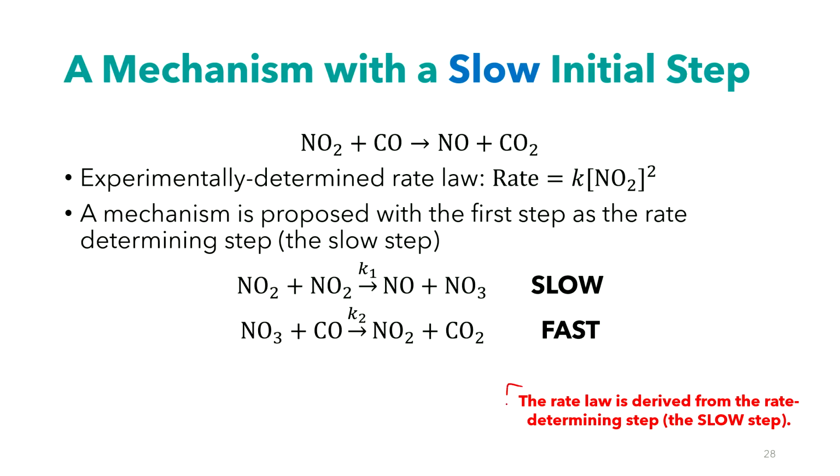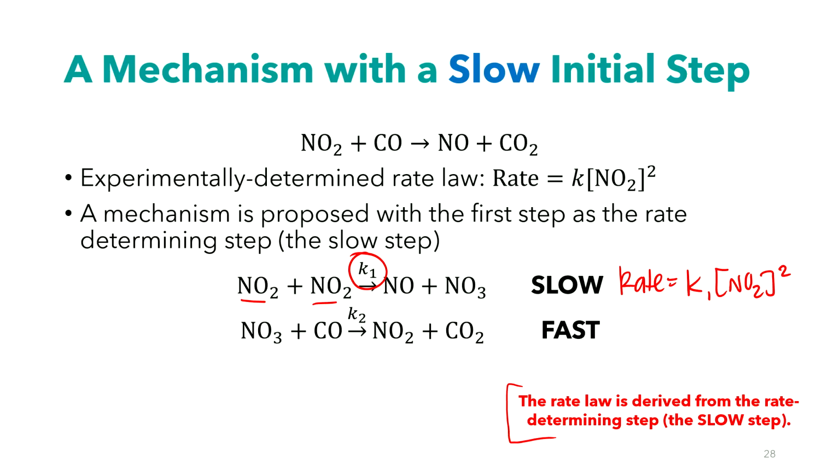So what does this mean? Write the rate law from that step. I'm going to write it like that's the elementary step that matters. The rate equals k1, that specific k, times [NO2] squared, because I have two NO2s there.